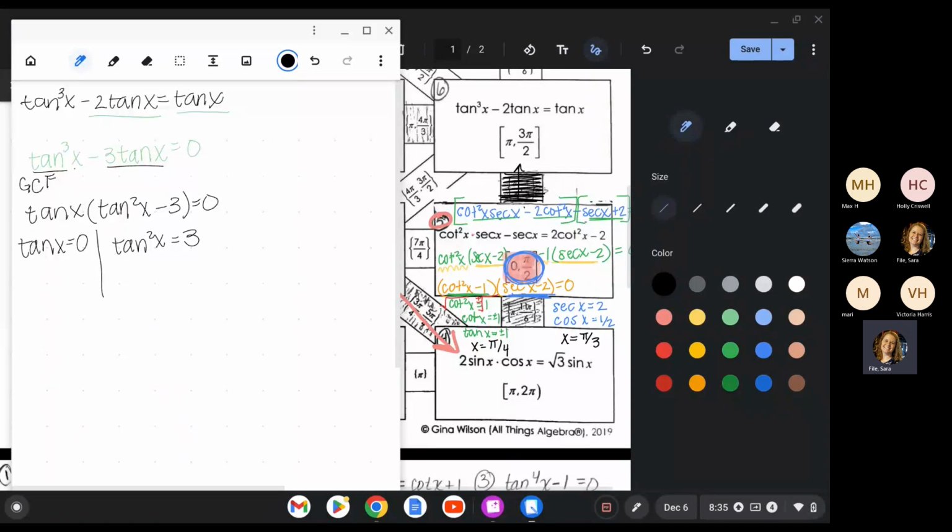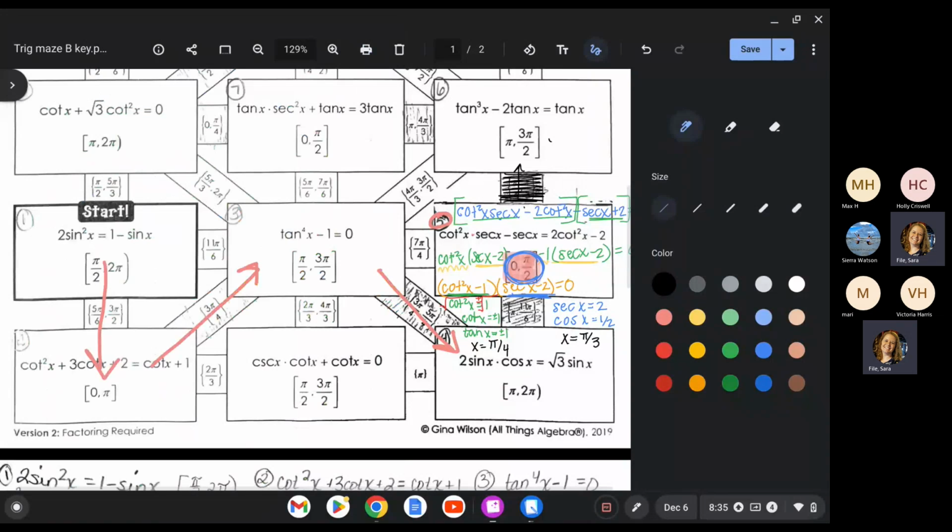Now, if we're thinking about the entire unit circle, tangent is 0 in two places. It's at 0 and pi. But we're going to come back over here to the maze and look and see this restriction that they have, or not, I don't know if you want to call it a restriction, but this interval that they want our answers to come from.